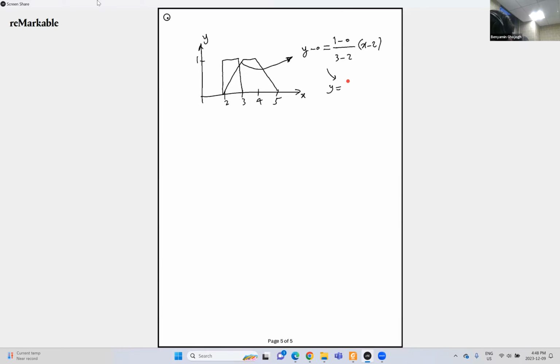So y equals x minus 2, right? What is the equation of this line? Equals 3, right? Now the intersection of these two becomes y equals 3 minus 2 equals 1. Uh, let me think if I made any mistake.